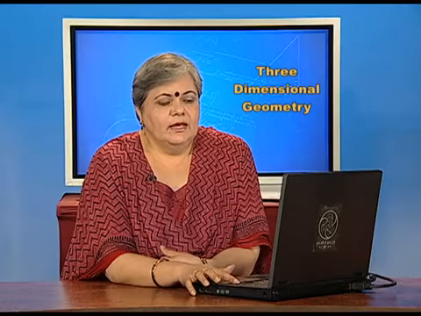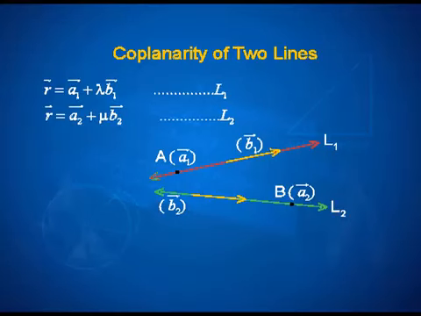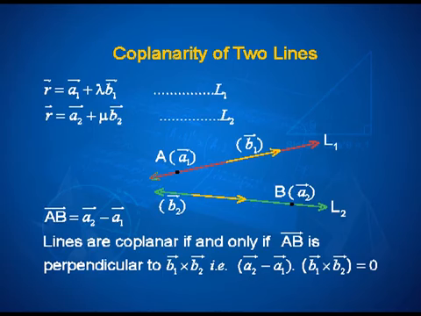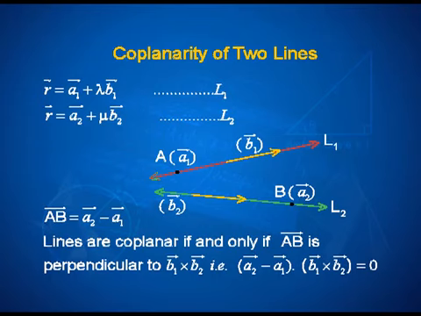Knowing that the line L1 passes through A, line L2 passes through B, if I can show that the vector AB, which is nothing but a2 minus a1 vector, is perpendicular to b1 cross b2, will that then let us conclude that the lines are going to be coplanar? The vector b1 cross b2, which is perpendicular to b1 and b2, is also now perpendicular to the vector AB, and therefore the two lines, that is L1 and L2, must be in the same plane.